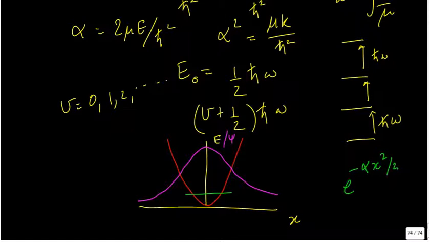But now there's something to think about. What are these points? These 2 points that I have marked in purple. Here, the total energy E is equal to the potential energy. Right?